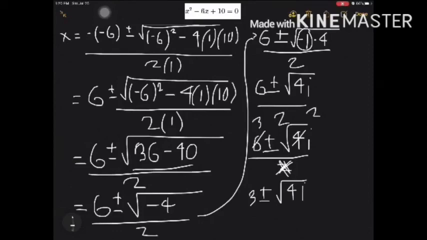So x equals 3 plus minus the square root of 4i, or x is equal to 3 plus square root of 4i, and x is equal to 3 minus square root of 4i. So that is our last example.